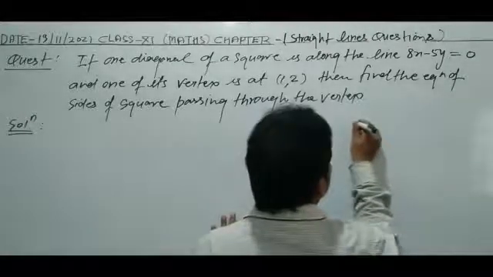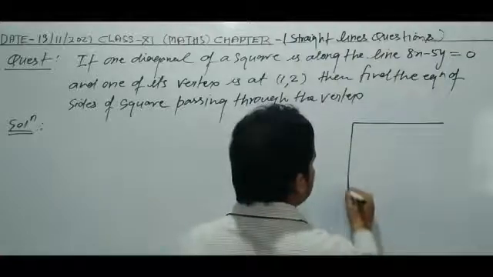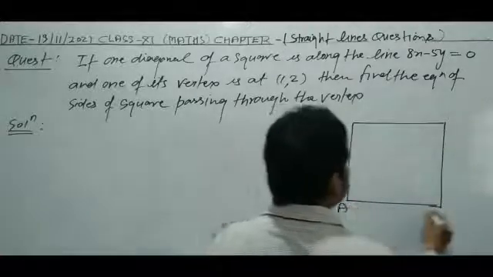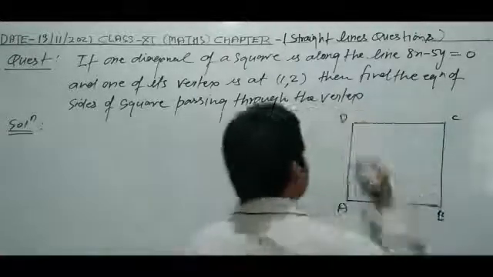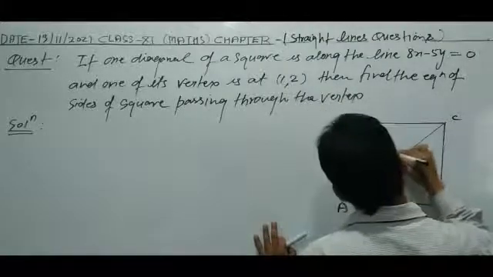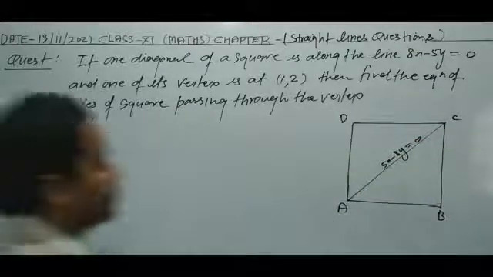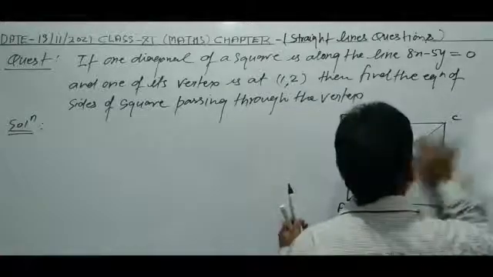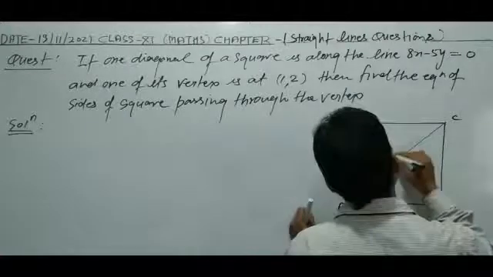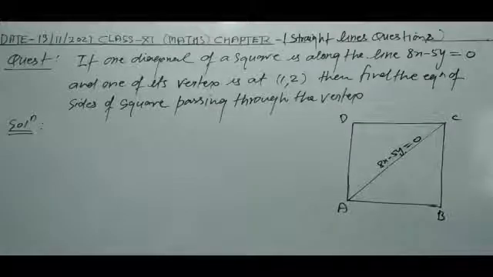Let us consider a square ABCD whose diagonal is 8x minus 5y is equal to 0.